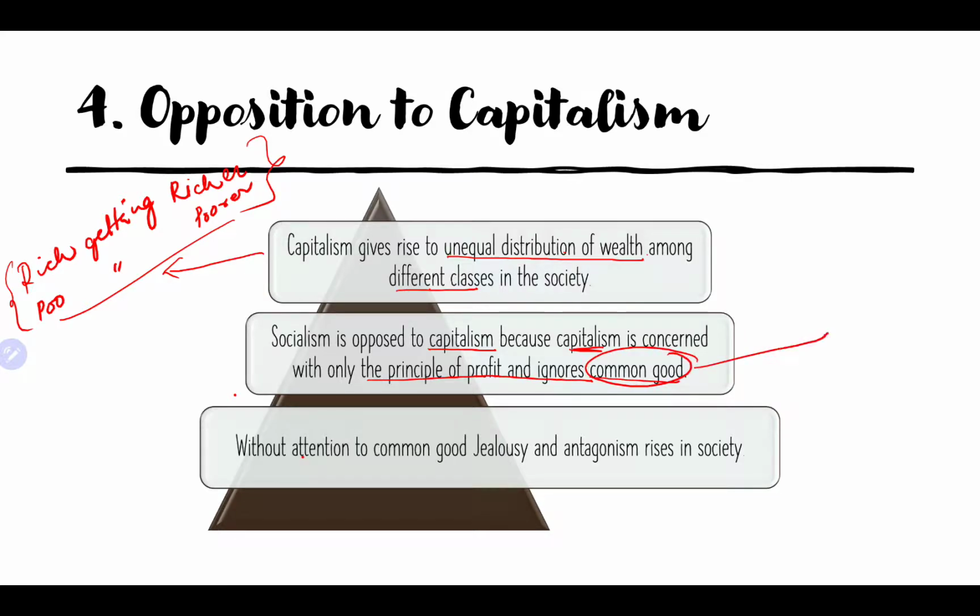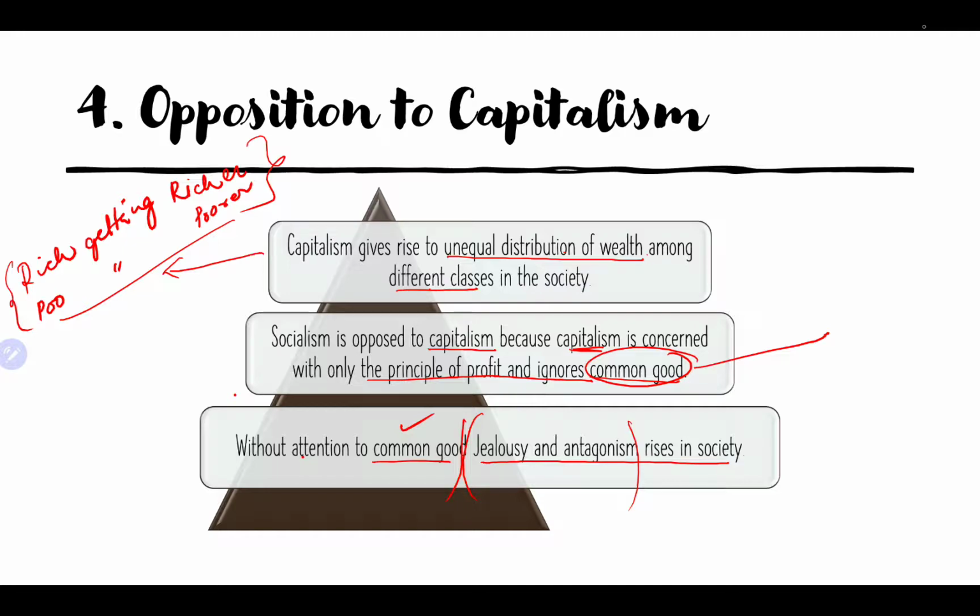Socialism talks about common good, whereas capitalism talks about earning more and more profit. Without attention to common good, jealousy and antagonism rise in a society. In a society, the main focus should be common good.